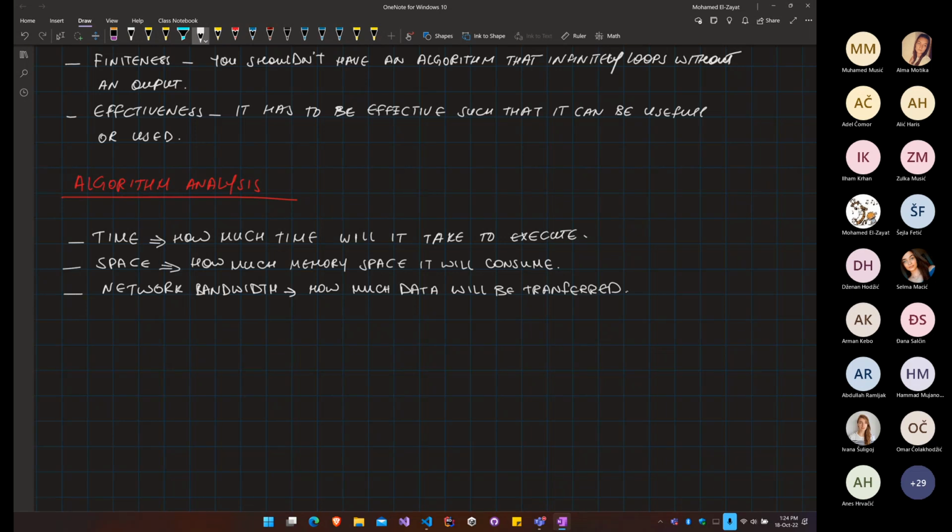So he had a network of machines working together over neural network training. However, the data transfer between the PCs was a bottleneck. So this was also an interesting problem to resolve, right? That's why one of the things you look at in algorithm analysis is your network bandwidth. Now, obviously, not all algorithms work over a network, but if you have one, then it is included in the package of analysis, right?